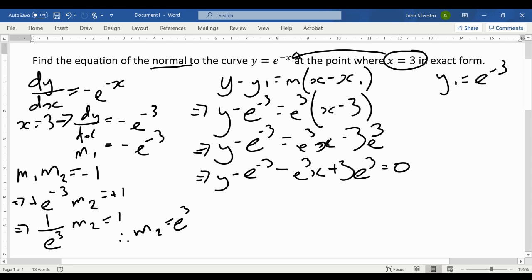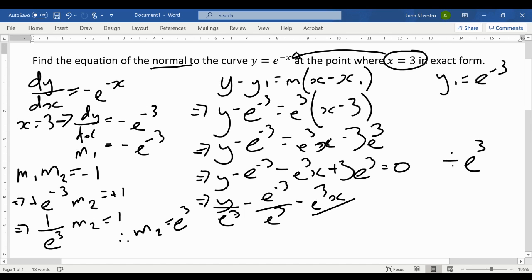So now what I want to do here might not necessarily be clear. What I want to do is divide by e to the 3. So then what we get is y on e cubed minus e to the negative 3 on e cubed minus e cubed x on e cubed plus 3e cubed on e cubed equals 0.